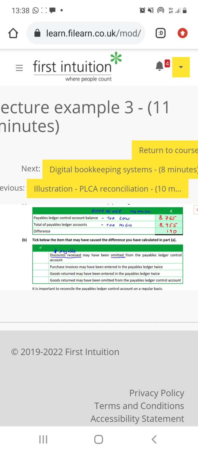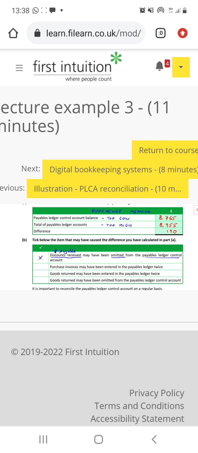So if we've omitted that from the payables ledger control account, we've got an extra entry we need to put through that should reduce down our payables ledger control account balance. Well, the problem is the payables ledger control account balance is already lower. If there is then extra discounts to put through there, it's going to make that 8765 even lower, meaning the difference is getting bigger. We're not finding the difference. So it's not going to be that first one. That would not explain it, right?